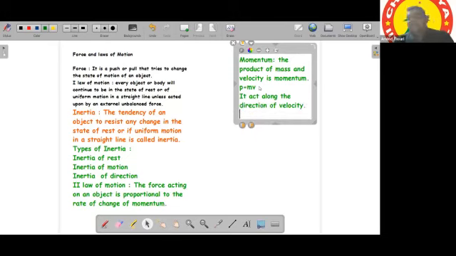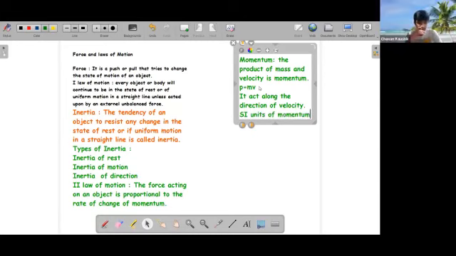Then the SI units of momentum. Chavan, what are the SI units of momentum? Sir, is weight one of them?